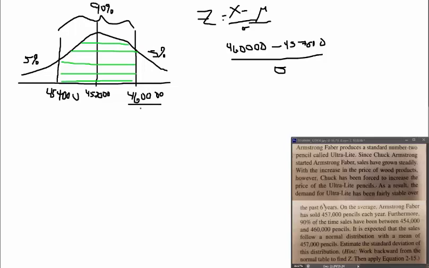Because I want to get a z-score of 460 or less, I'm going to take this 90% and add this 5%. I want to look up the z-score associated with the probability of 0.95.